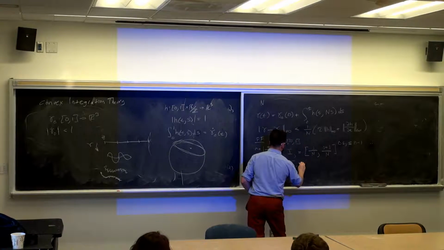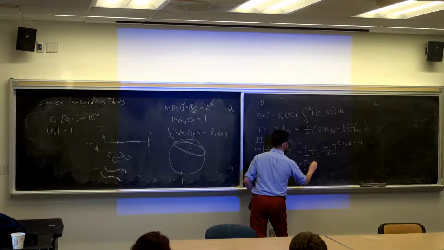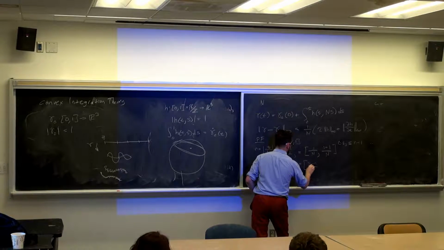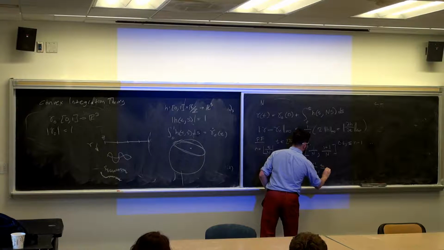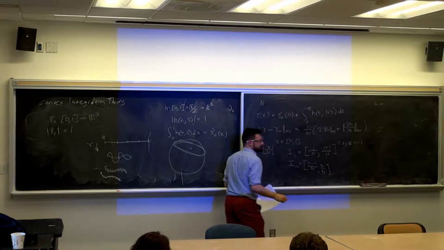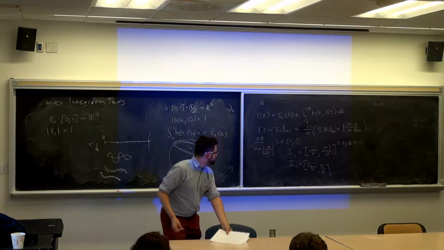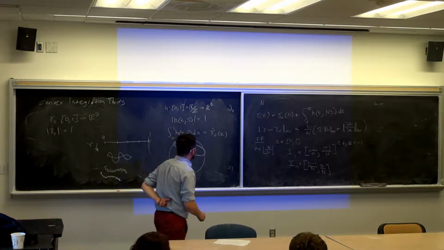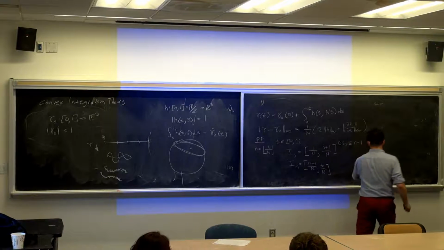So we're partitioning basically the interval 0 to t. Should n be the floor of tn? Yes. Yep.